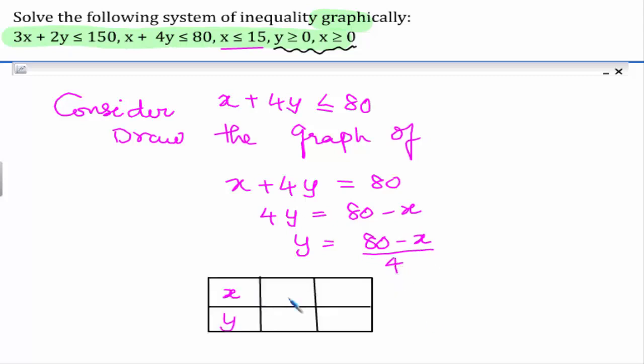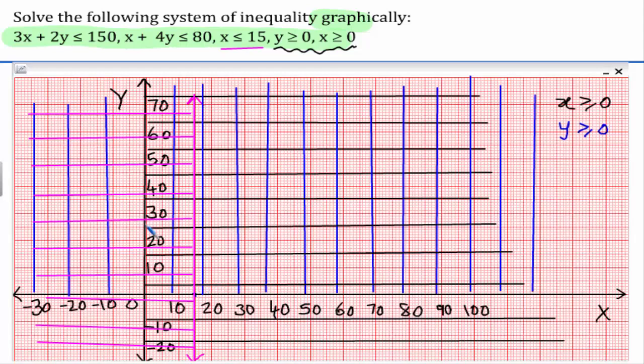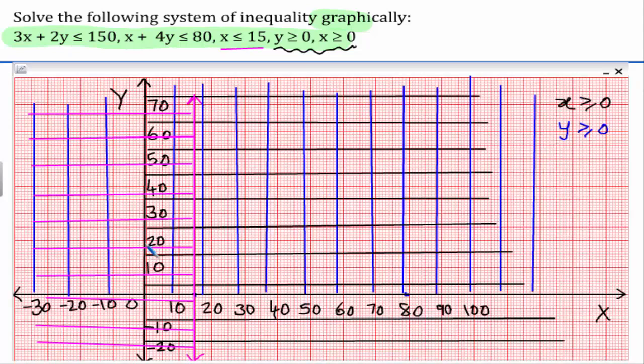Now let us select the value of x as 80, then we get 0 for y. If x is 0, then y will be 20. So the ordered pairs will be (80, 0) and (0, 20). Now let us plot this. (80, 0) will be here and (0, 20) will be here. Now let us join them to draw the line.